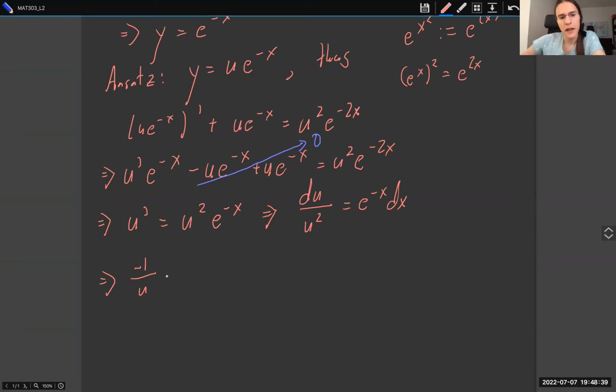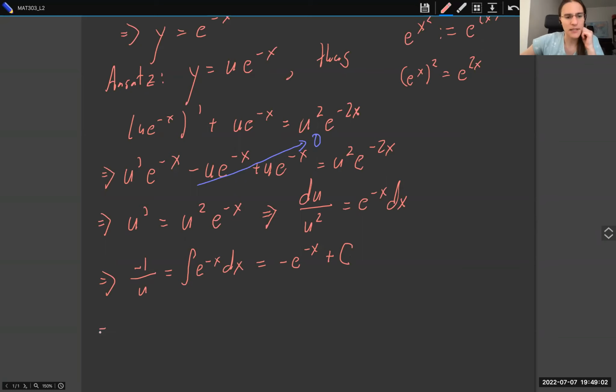So that's good. And that's equal to, let's actually write, okay, this is the easier integral, but I like to show where the constant comes from. So this is, of course, going to be e to the negative x plus c, right? So that's negative 1 over u.